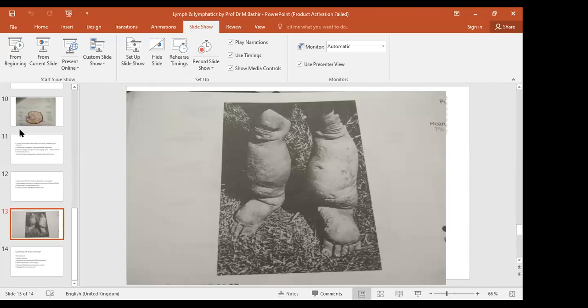There is huge accumulation of the interstitial fluid in these areas because of the blockage of the lymphatics, usually by a special worm, Wuchereria bancrofti, a filarium. The condition is called filariasis as well.